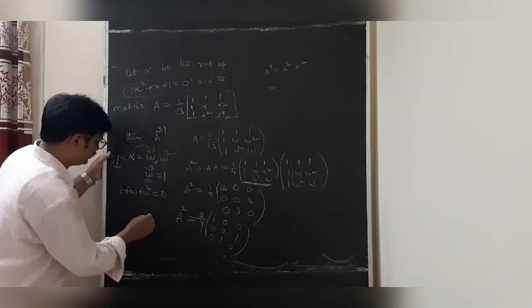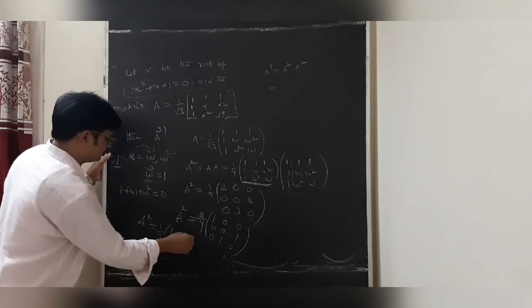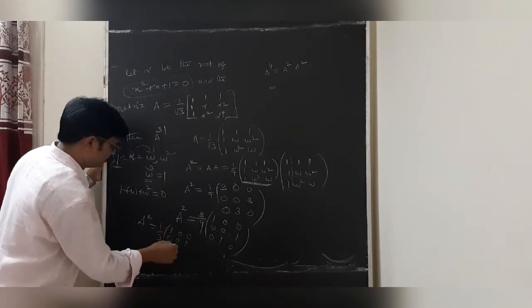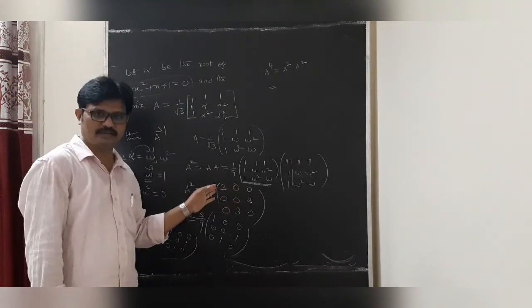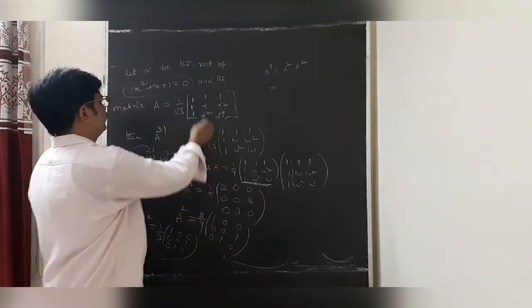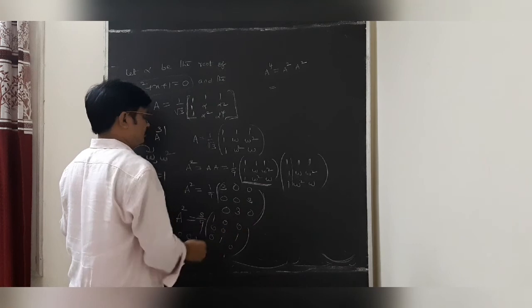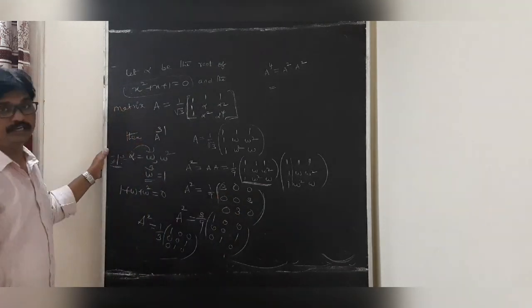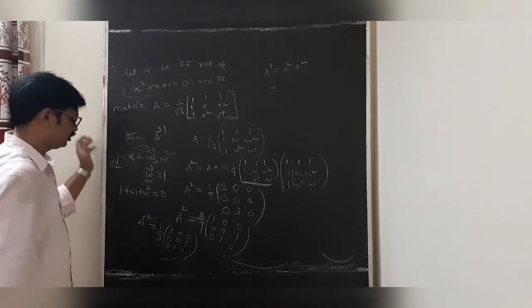So a square equals 1 by 3 into 1, 0, 0; 0, 0, 1; 0, 1, 0. Suppose it were a determinant, undoubtedly it would be 27. But it is given as brackets, so we take 3 as common in each element, so 3 by 9, that is 1 by 3.